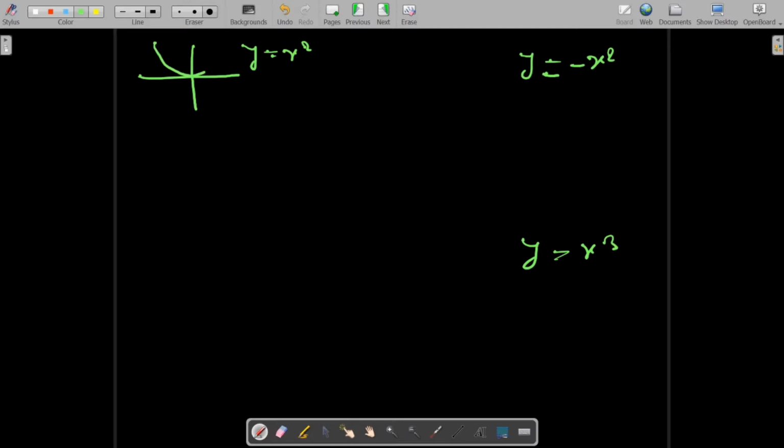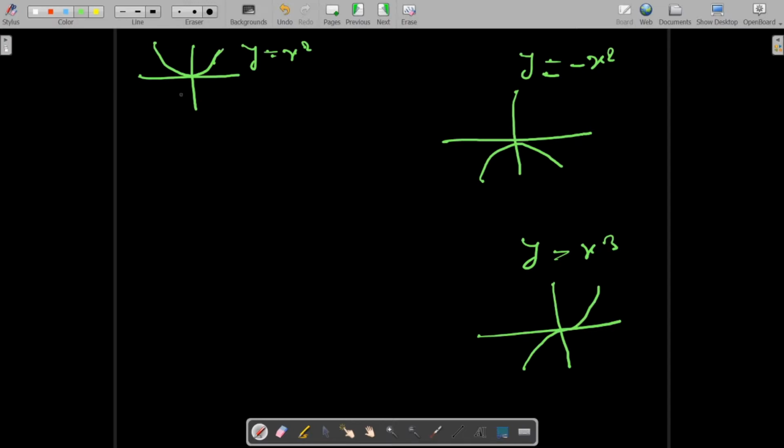If you see carefully, in this graph, the stationary point is this c, and it is 0 here. The slope here would be always 0. So at the stationary point, the slope would always be 0.